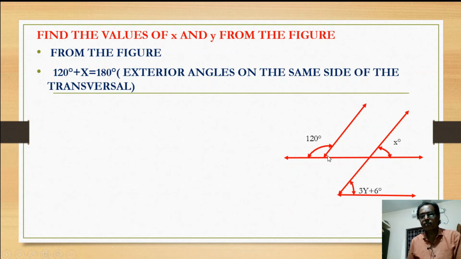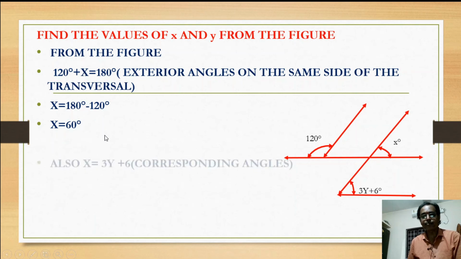These two exterior angles are on the same side of the transversal. So by the condition, if these two are parallel and the transversal is there, then we can write 120 plus x is equal to 180 degrees. So exterior angles on the same side of the transversal are supplementary. So 120 plus x equals 180, then x is equal to 180 minus 120.